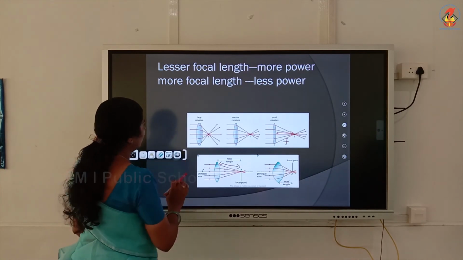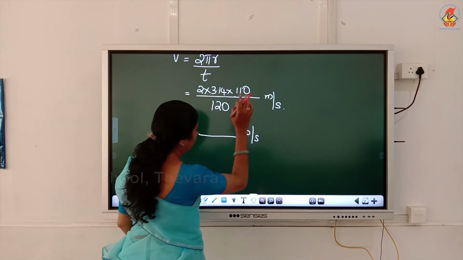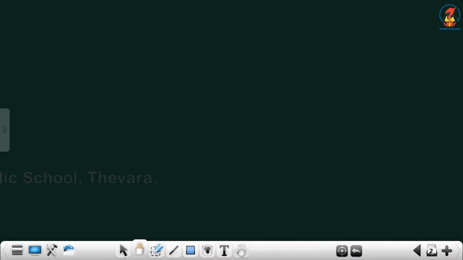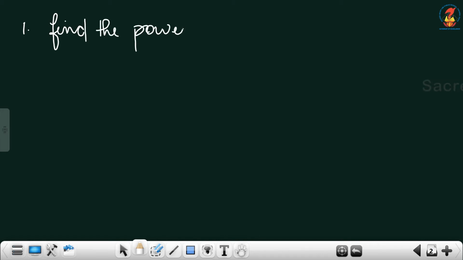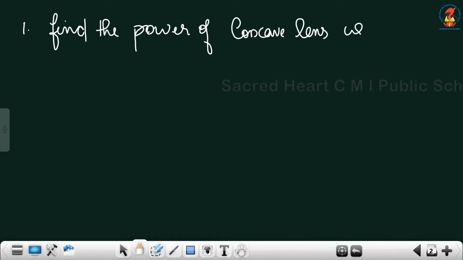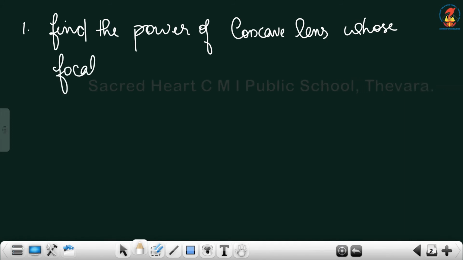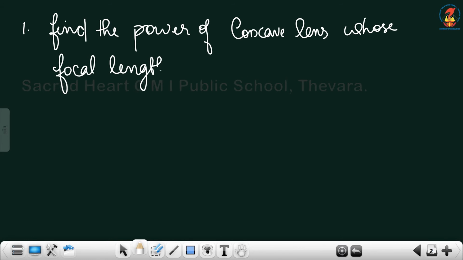Find the power of a concave lens whose focal length is 2 meter.